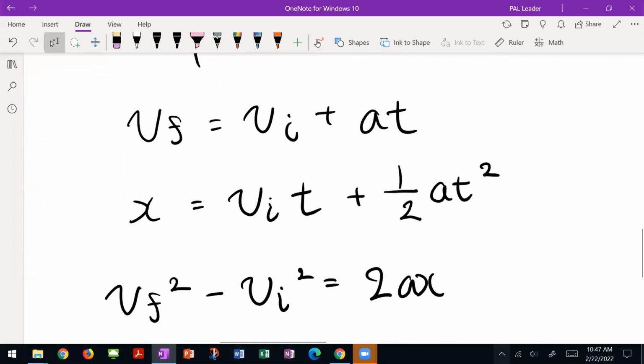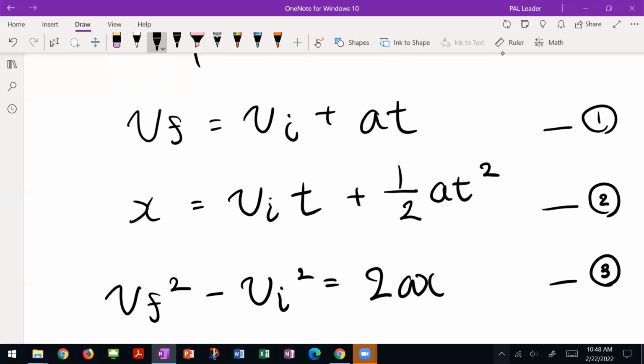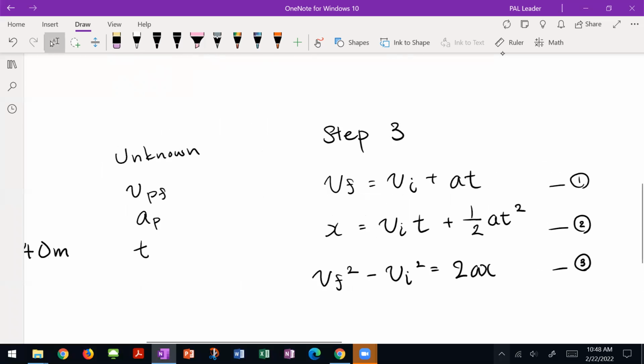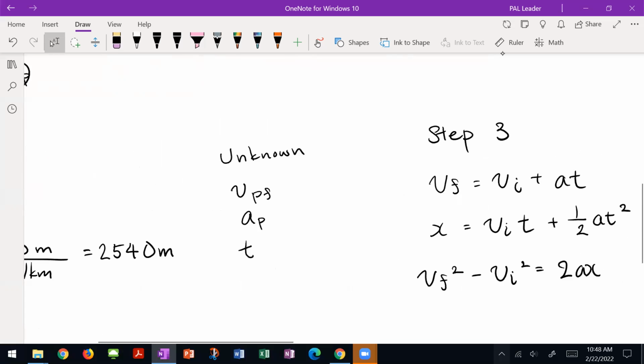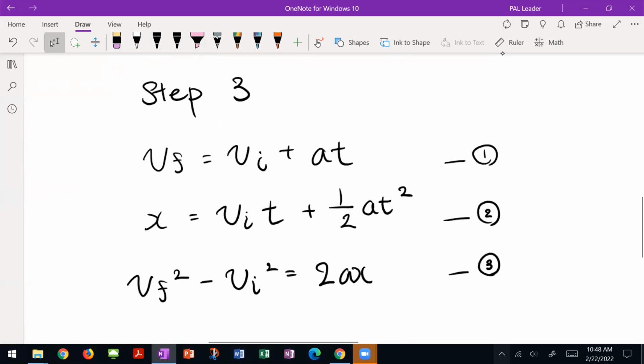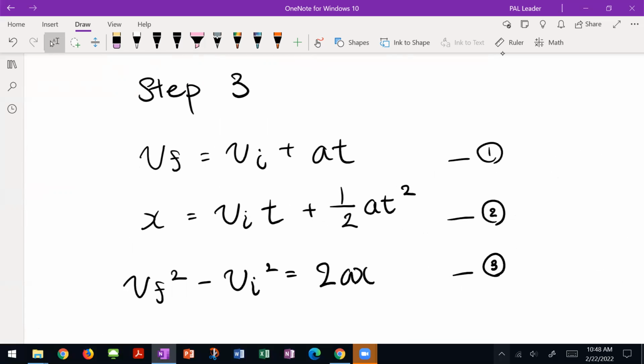So let's try and evaluate these three equations with respect to the police car. Don't confuse any of the variables and values of us when we evaluate. We just want to evaluate the police car's kinematics of motion.